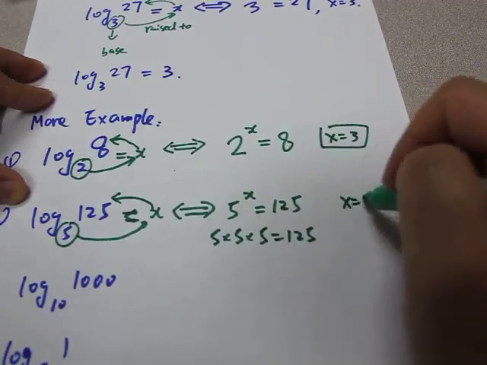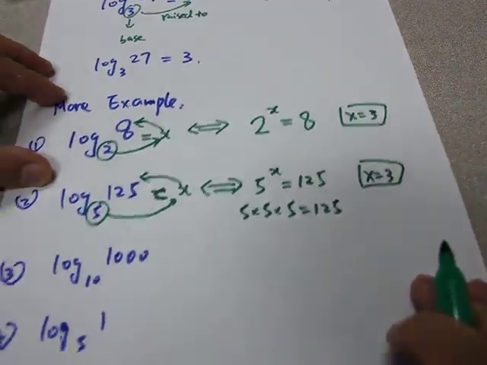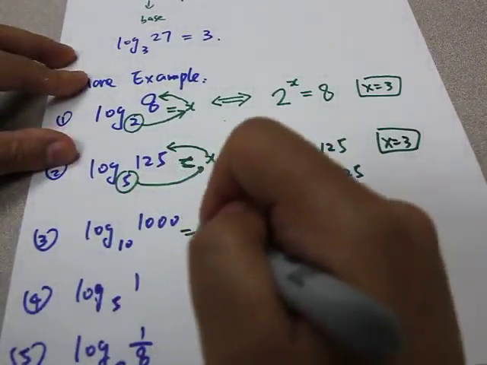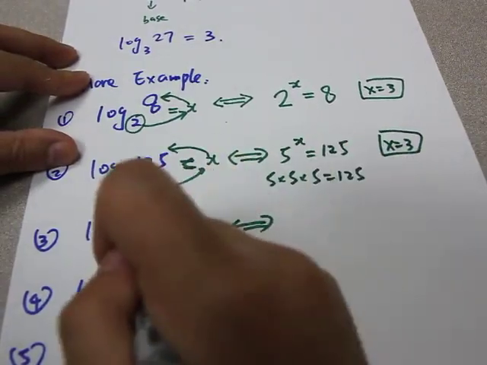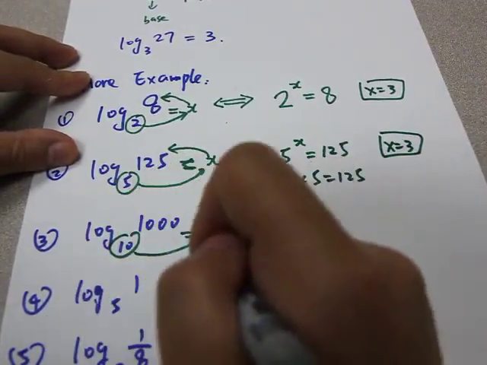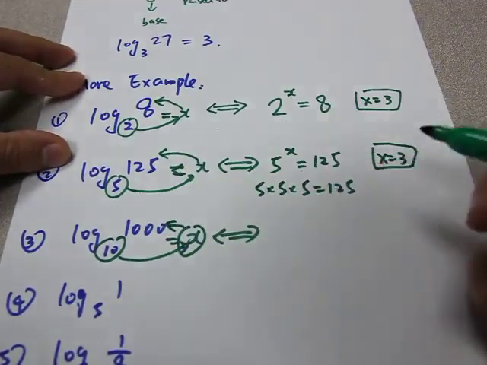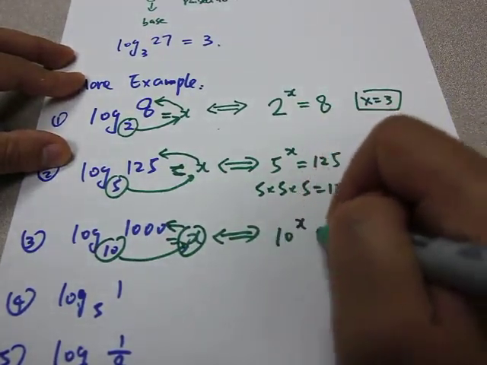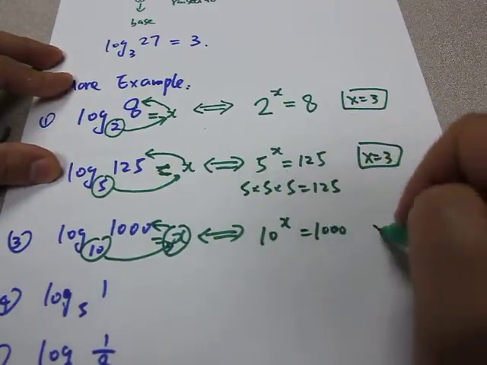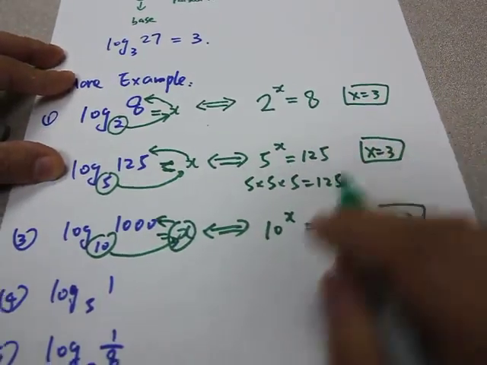So x equals 3. So here, 10 raised to the power of x equals 1000. So x equals 3.